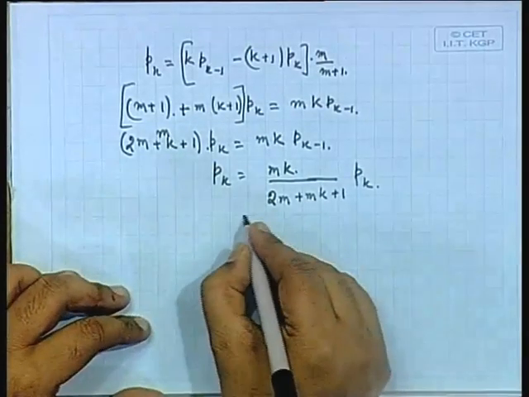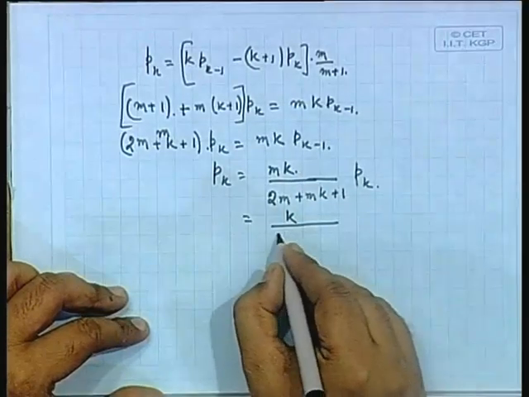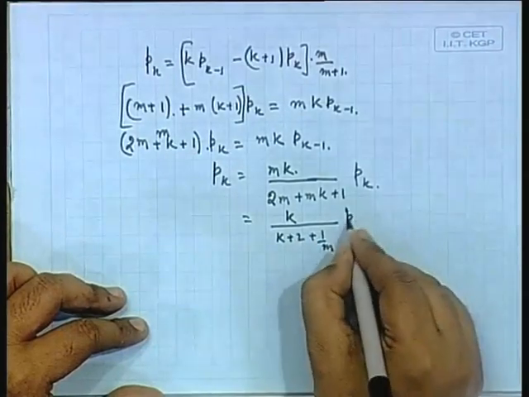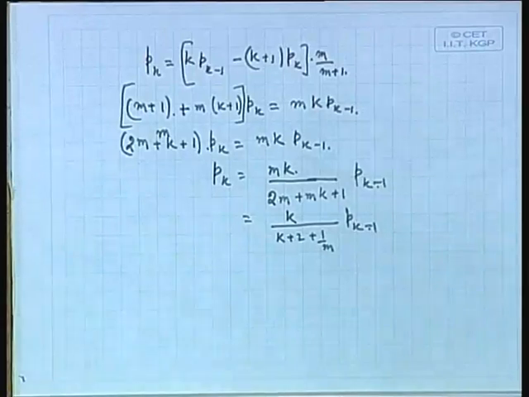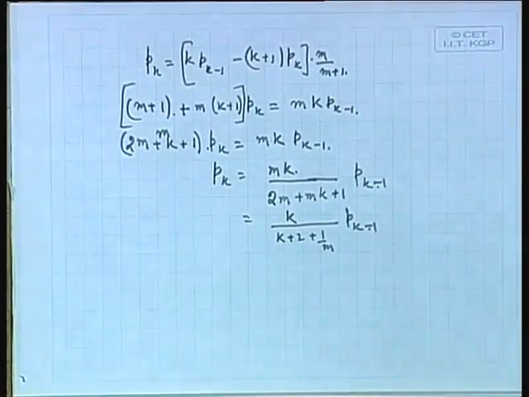Okay, so I just do some simple manipulation, so (k plus 1 by m) over (2 plus 1 by m) times p_{k-1}. Okay. So immediately we get a recursive regression.